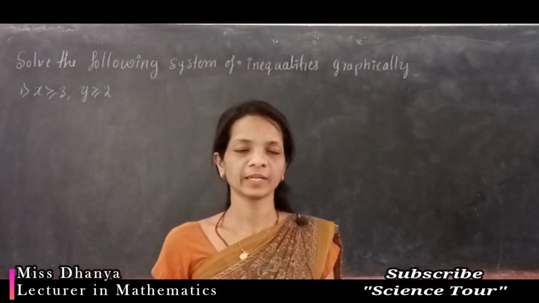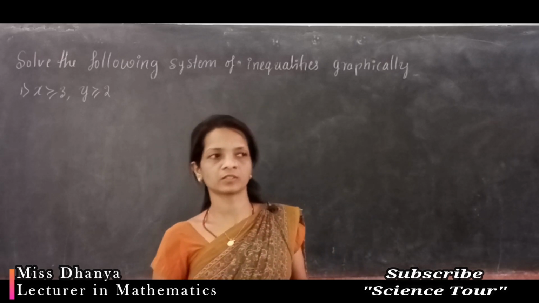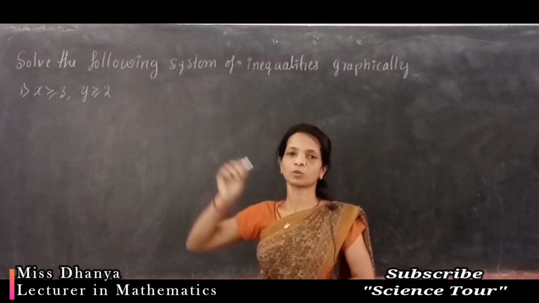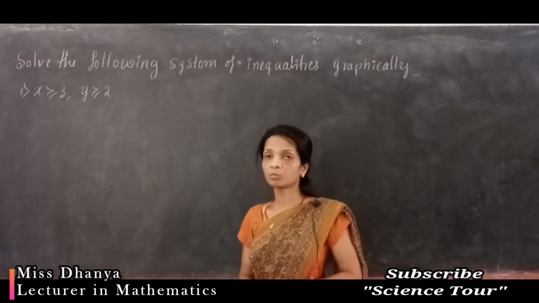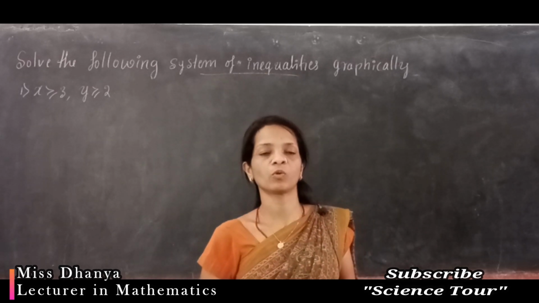Good morning students, welcome to Maths online class. Next one in the linear inequalities chapter is how to solve a system of linear inequalities in two variables. System of inequalities means you have more than one inequality.